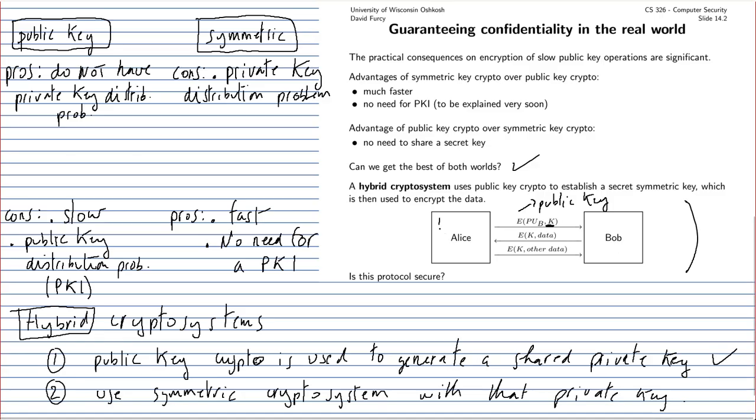Alice and Bob now are the only two people who know that key, assuming Alice has not shared it with anyone. Then in step number two, Alice and Bob can use that key to encrypt data in their back and forth communications.